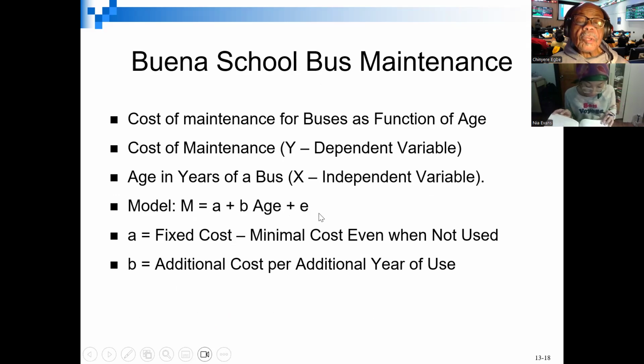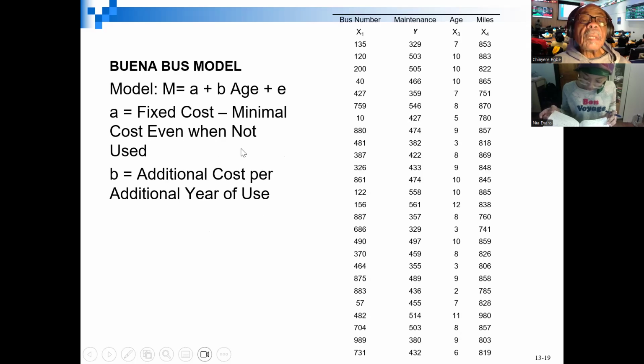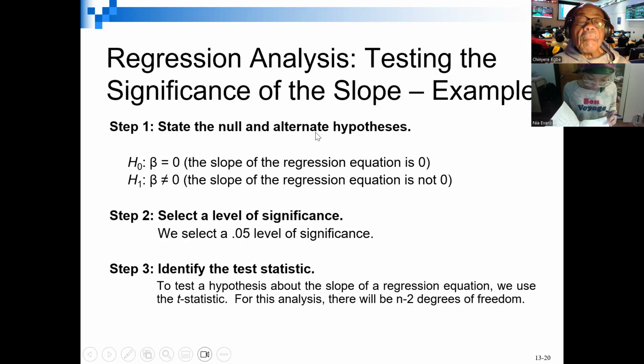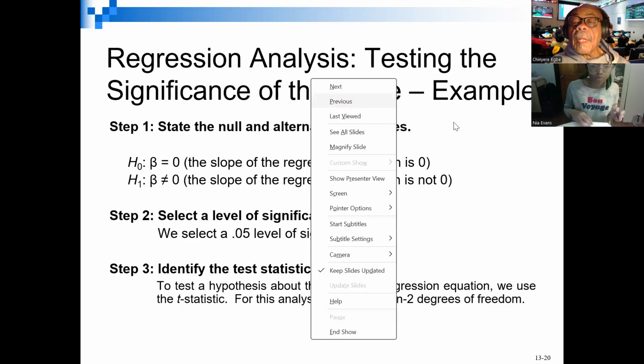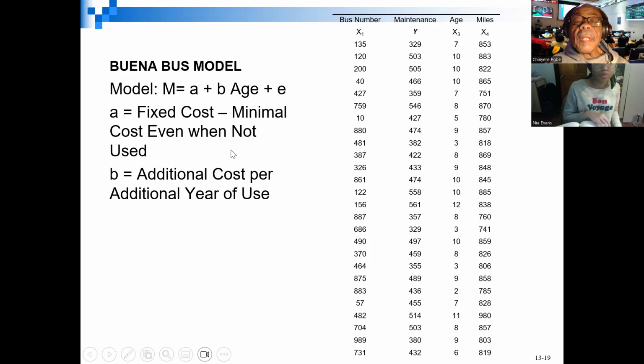All right. And so the older the bus, the more we spend money on the bus. Again, here is the example, the data that we use, and we can estimate that.